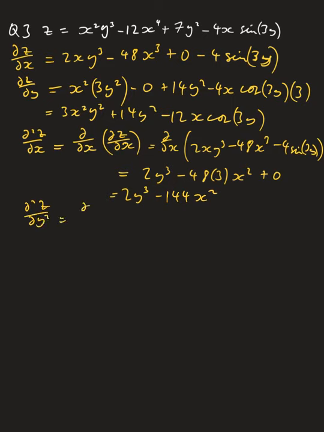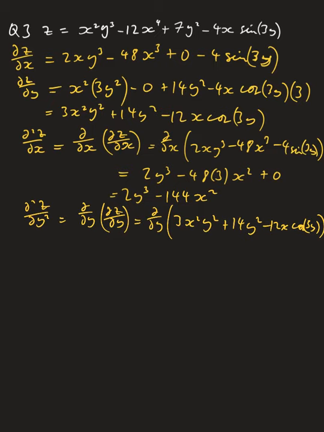What about with respect to y? Well, I'm going with respect to y and then again with respect to y. So if I pop in my ∂z/∂y that I got above, it's 3 times x squared times y squared plus 14 times y minus 12x times cosine of 3y. So now I differentiate that with respect to y, treating x as a constant. So that y squared becomes 2y. So I get 3x squared times 2y. 14y becomes 14.